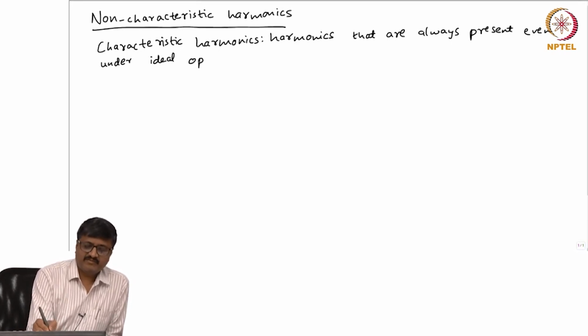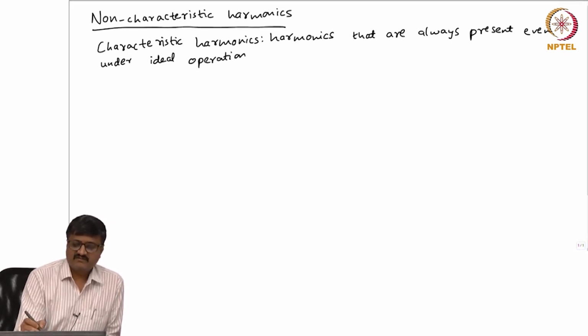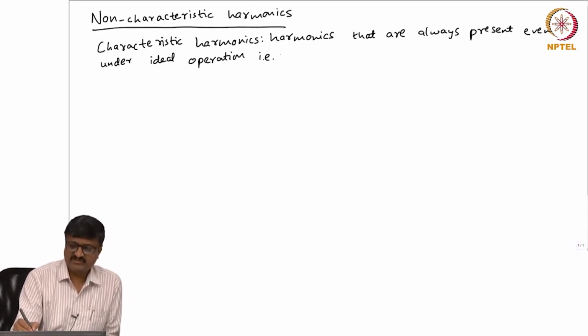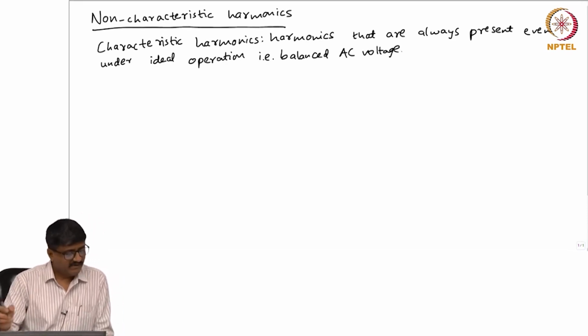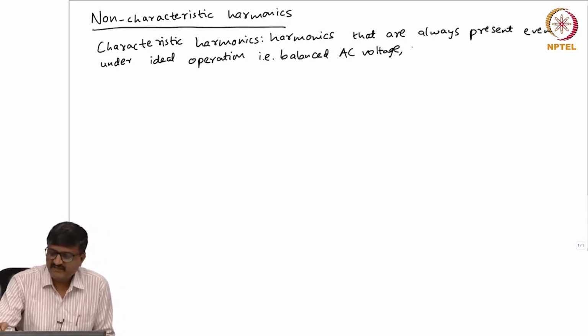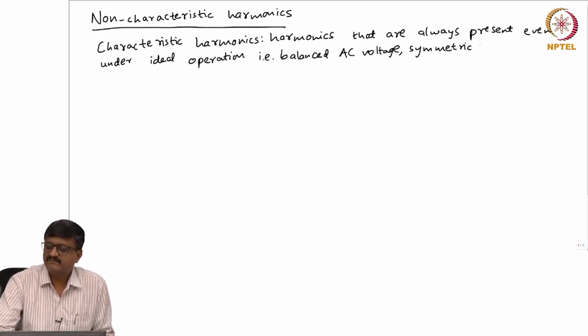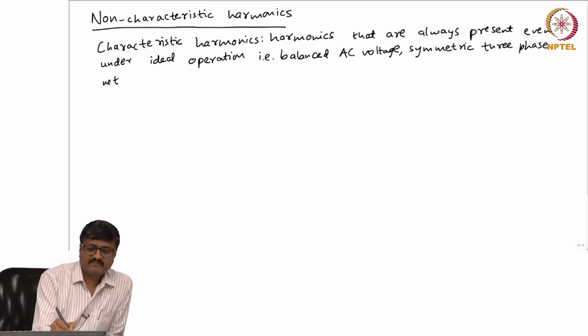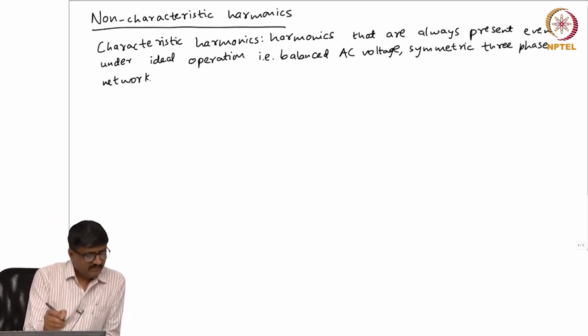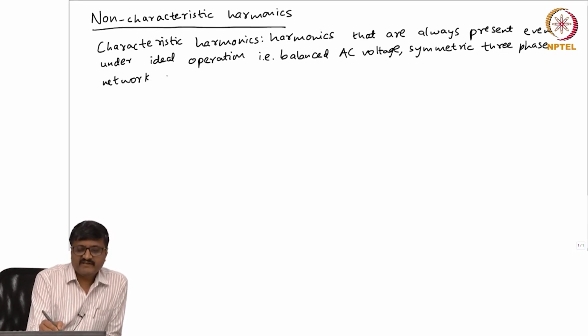What we mean by ideal operation is balanced AC voltages in the 3 phases, and the 3-phase network itself is symmetric. So, a symmetric 3-phase network. And the pulses are given at the right instants.